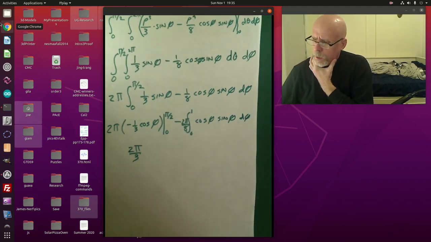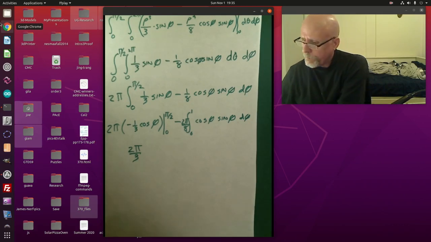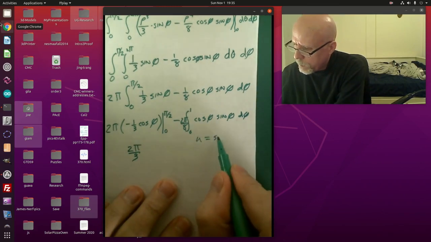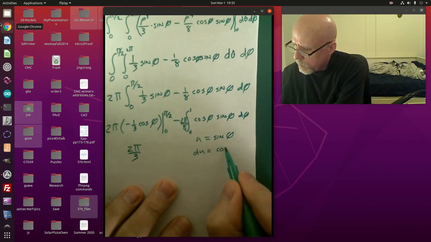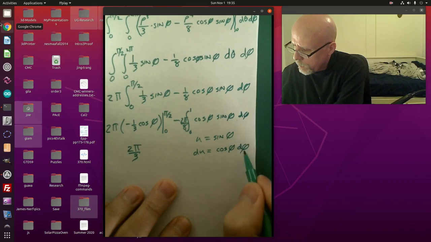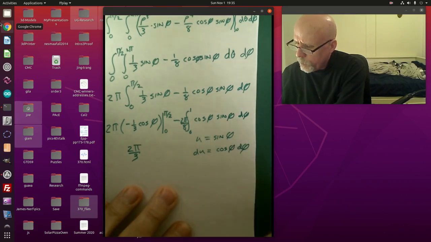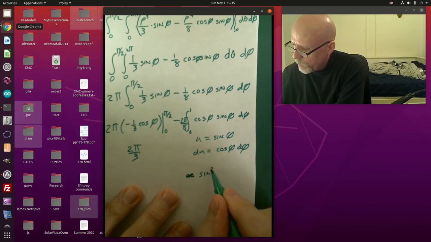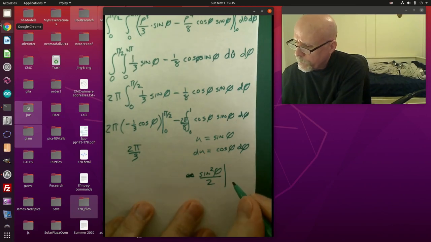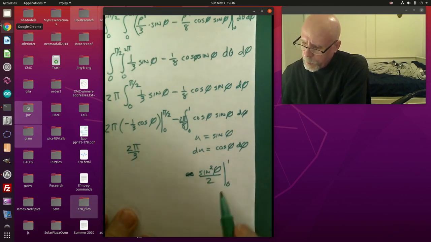If u was sine phi, then du would be cos phi d phi. So we've got u du, we just get u squared over 2. So that is sine squared phi over 2, evaluated between the limits 0 to 1. That's going to be slightly ugly.